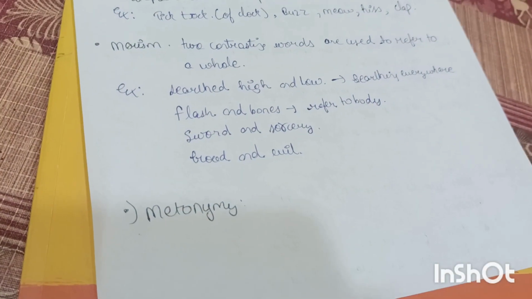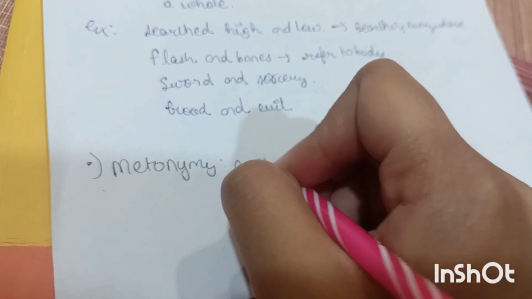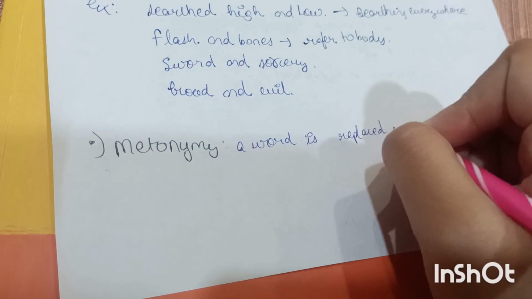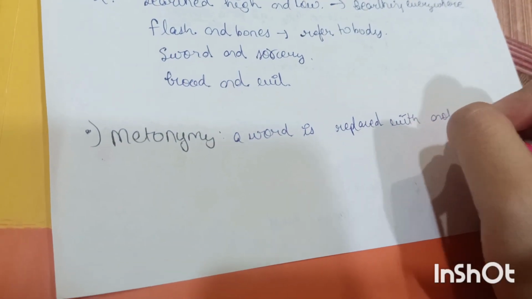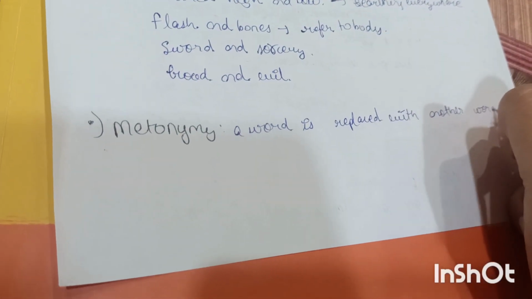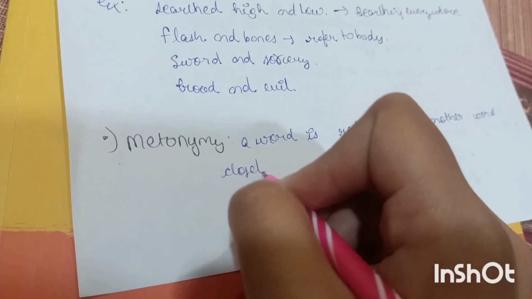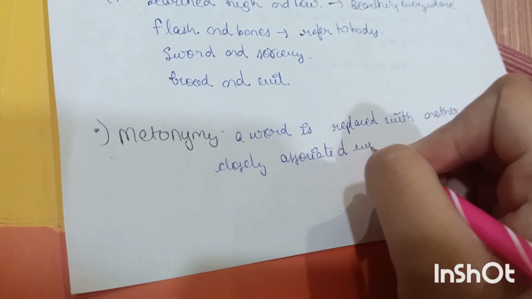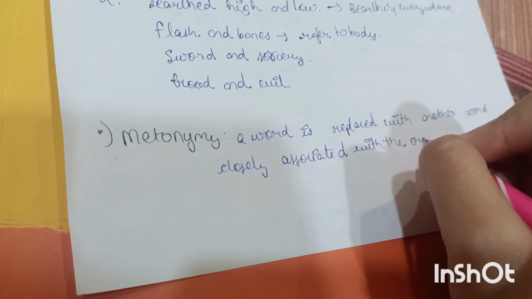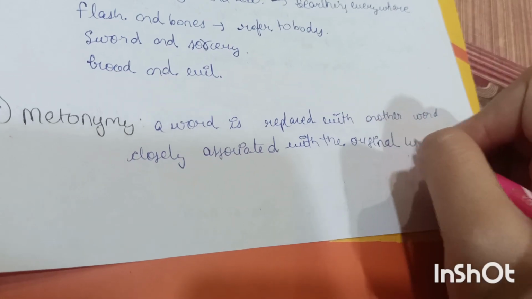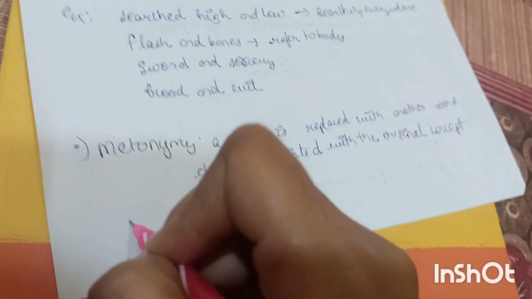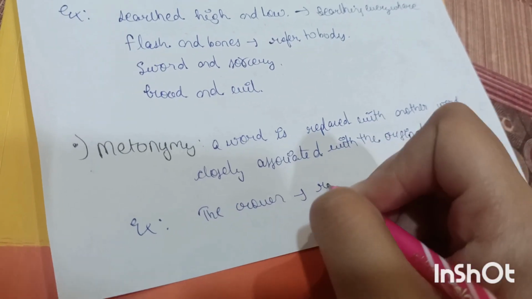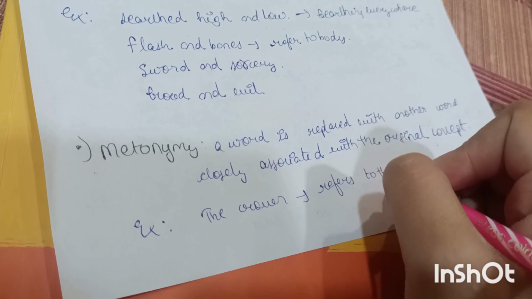Okay, so you can write it as a word is replaced with another word closely associated with the original concept. Okay, so now let's see the example for this. So the example is the crown, that refers to the king.